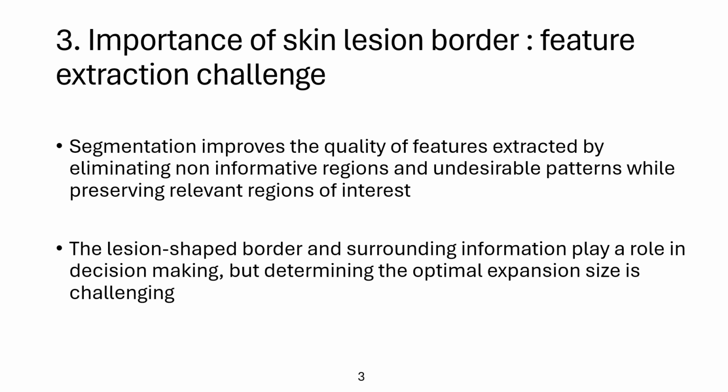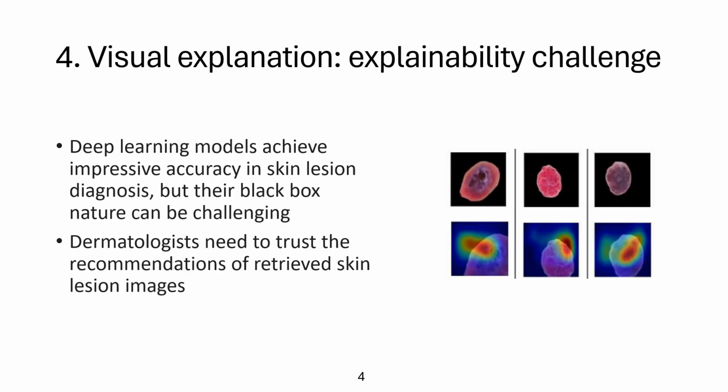On the other hand, despite the capabilities of deep learning layers to extract features from raw images, many researchers have demonstrated that the quality of extracted features can be enhanced through segmentation. This is primarily due to the ability of segmentation to eliminate irrelevant regions. In the specific context of skin lesion image retrieval, several studies explored the significance of the surrounding lesion border. However, the size of expansion is still challenging to decide.